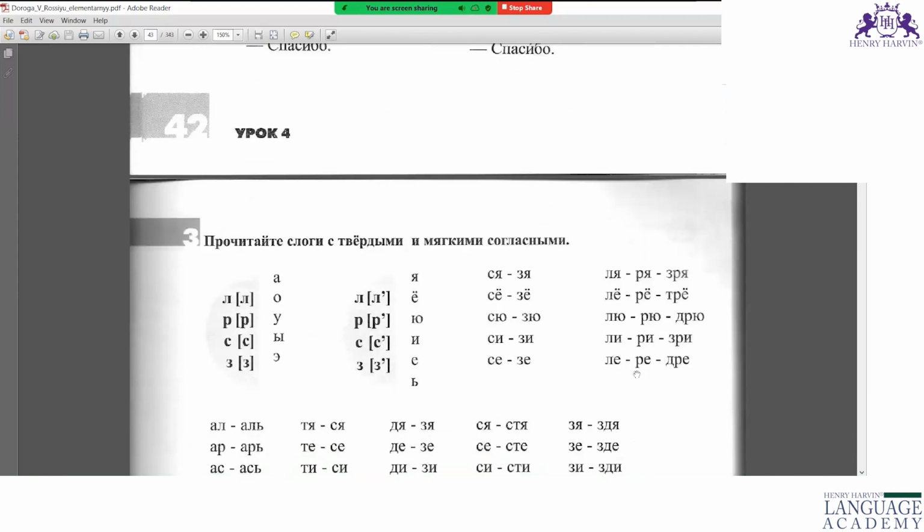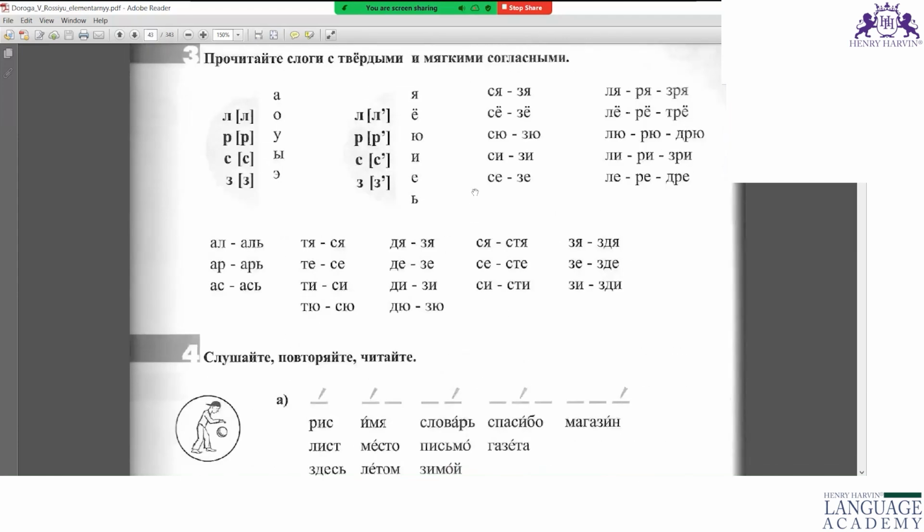Okay, nothing new here. So next we have again the same vowels here. A, O, U, hard vowels. La, lo, lu, le, ra, ro, ru, re, sa, so, su, se, and the last, za, zo, zu, ze.